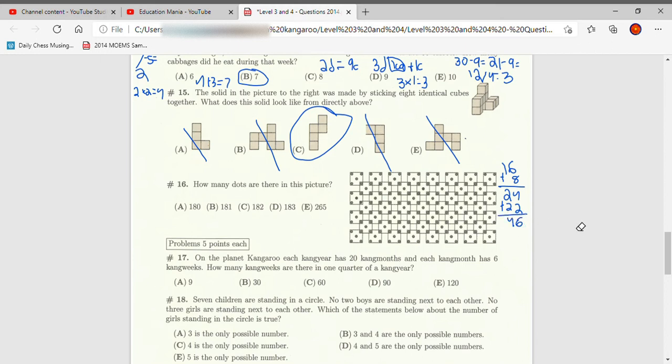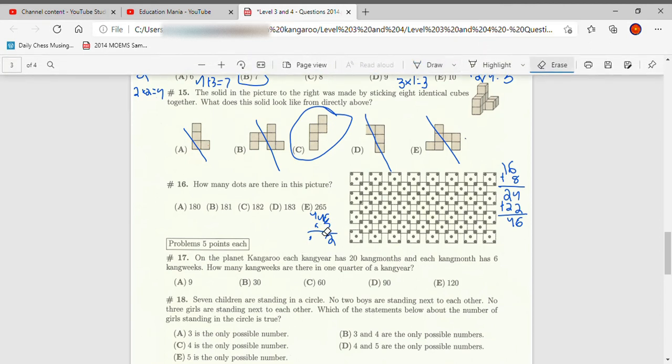We counted 4 rows, so we said we would multiply it by 4, then minus 7. So 46 times, oh, we accidentally multiplied it by 7 because I was talking about 7 too much.